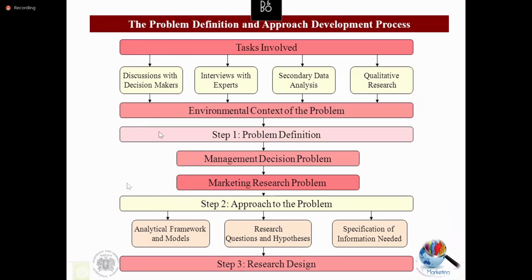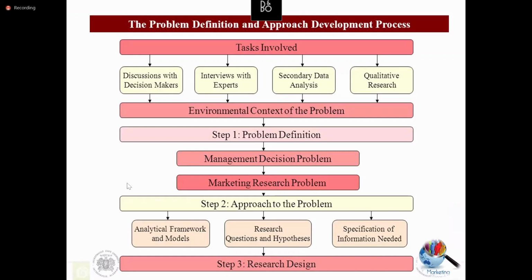Okay, so for that we can get the support of these particular areas, right? One is that you have to discuss with the decision maker. Whoever is involved in making the decision has to have the information, right? Information, I mean through marketing research, the ultimate outcome we get is information.